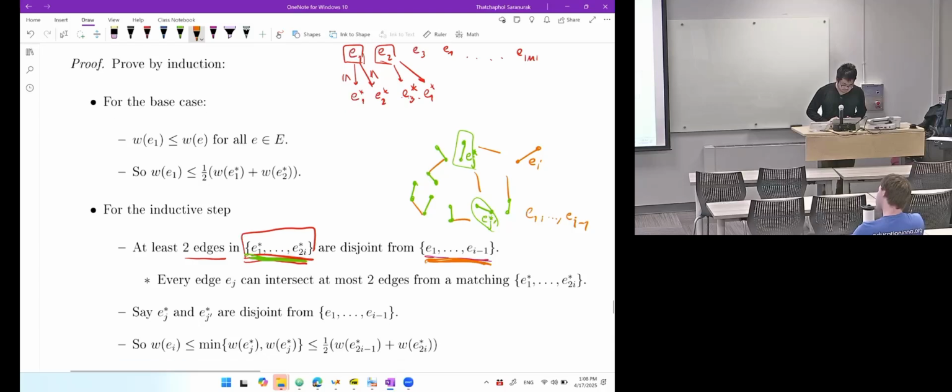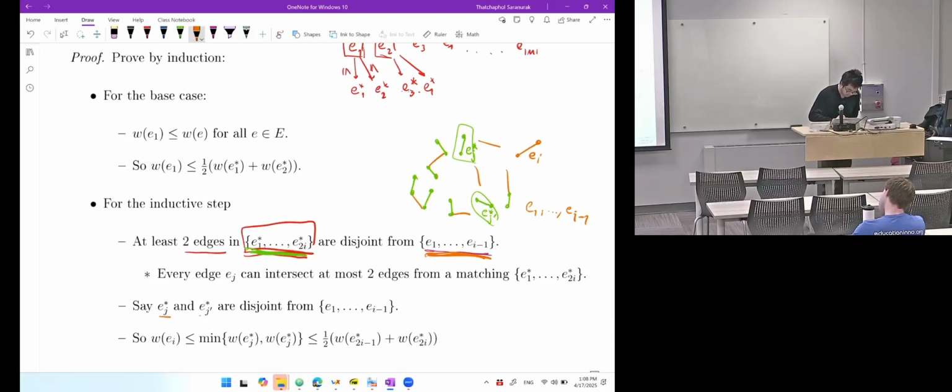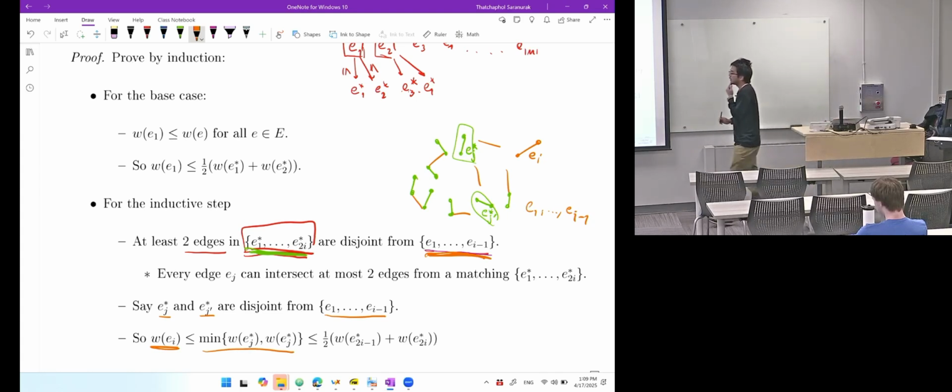So let's say that Ej star and Ej prime star are disjoint from this one. So we have that the weight of Ei is at most the minimum of these two. So it's going to be at most the average of these two. In particular, it's going to be at most the average of the heaviest edges from this set. I just picked the last two instead.